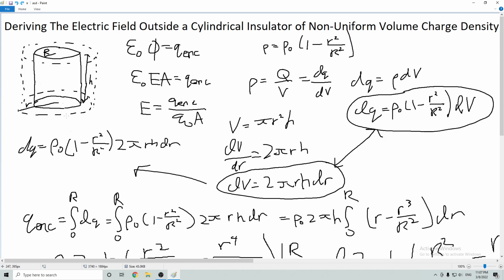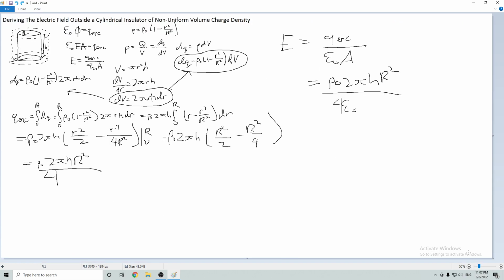So basically it's the circumference times the height that will give you the area of that Gaussian surface. So the area is 2 pi r h, and r has to be little r here because this area is referring to the Gaussian surface.